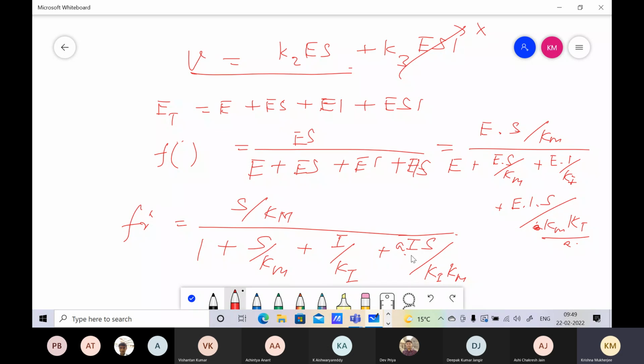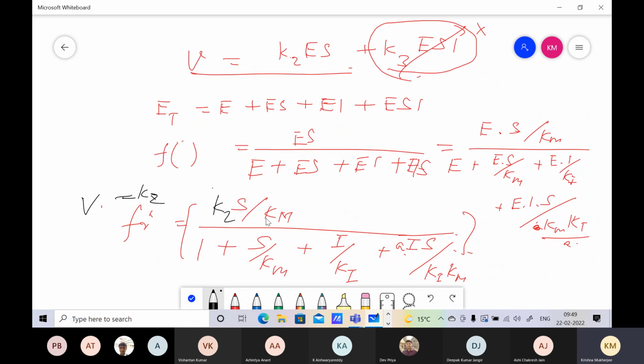So we have now a simple expression, and of course, if this was important, and we were looking at fractional saturation with respect to ESI, that's also easy enough. Once you know the fractional saturation in terms of S, then the reaction rate is K2 into this. So V becomes equal to K2 into fractional saturation, which is your K cat.